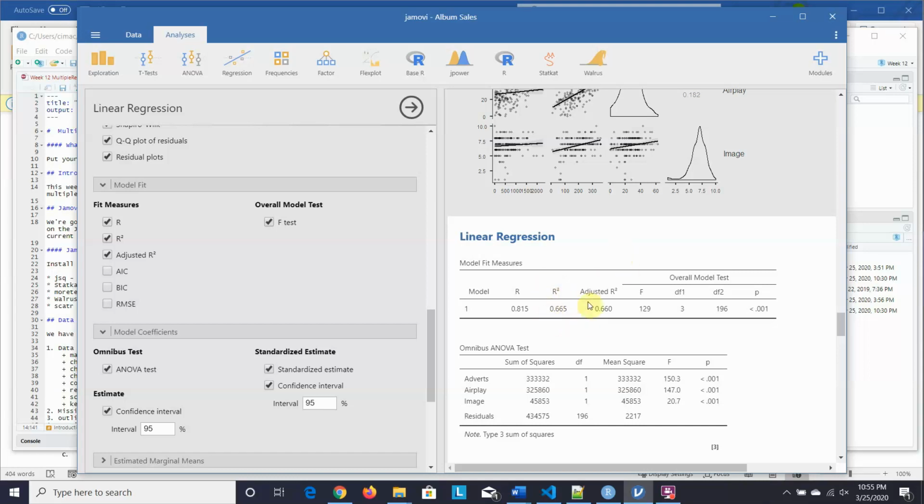So when it comes to interpreting our big R squared, I always use an adjusted R squared when I have 3 or more predictors. And you'll see with only 3 predictors, we go from 66.5% down to 66.0. It's not a big difference, but you'll see bigger differences when you have regressions that have more predictor variables.